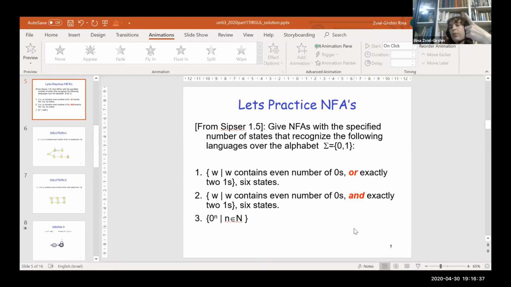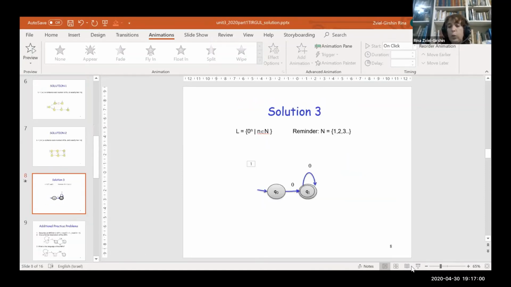If I have only one state, this state has to be an accepting state. So Q0 will be an accepting state, and then I will also accept epsilon, and epsilon does not belong to this language. So to solve this question, I needed an automaton with two states.